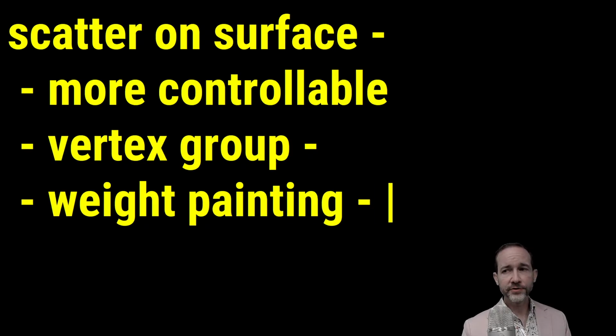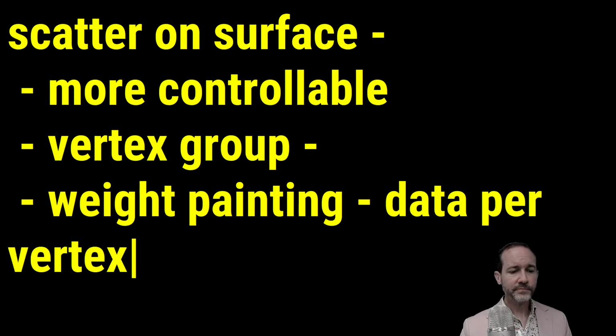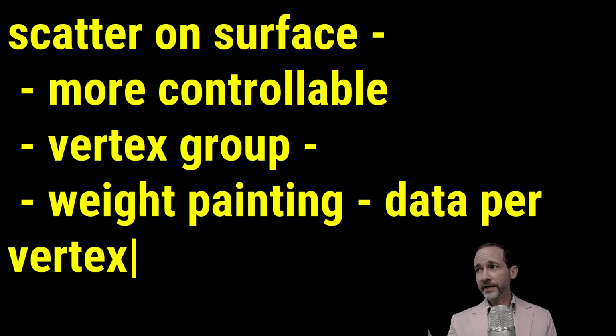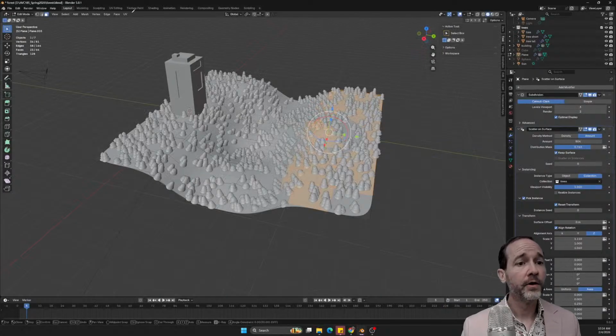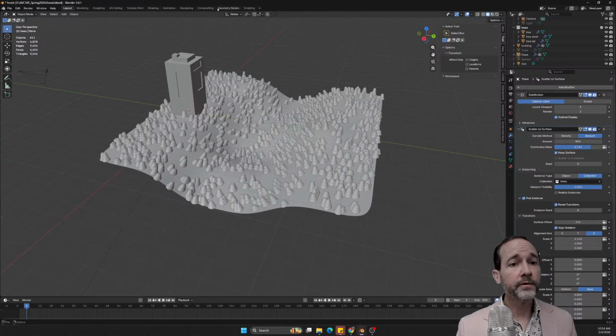This is essentially more data per vertex. Each vertex is itself a piece of data, right? It has a location, X, Y, and Z. I showed you those in a spreadsheet, right?